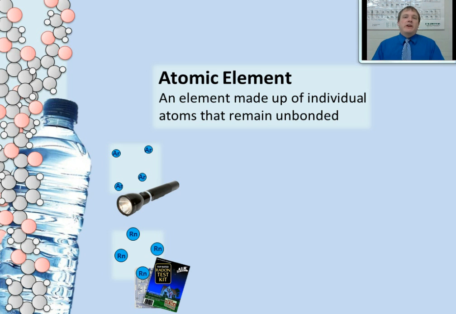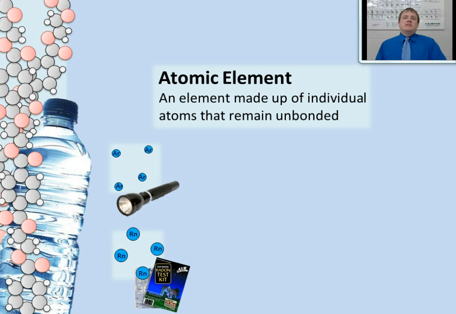It's sometimes found in people's basements, and if it is found in basements, it's really bad for people's lungs. It's actually the number 2 cause of lung cancer in the United States. Radon is an elemental gas made up of radon atoms that aren't bonded to each other. So because it's one type of atom and those atoms aren't bonded, we would call radon an atomic element.